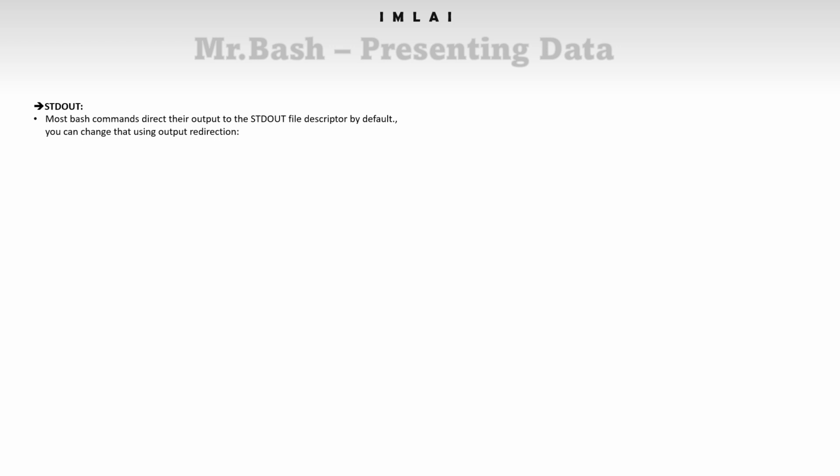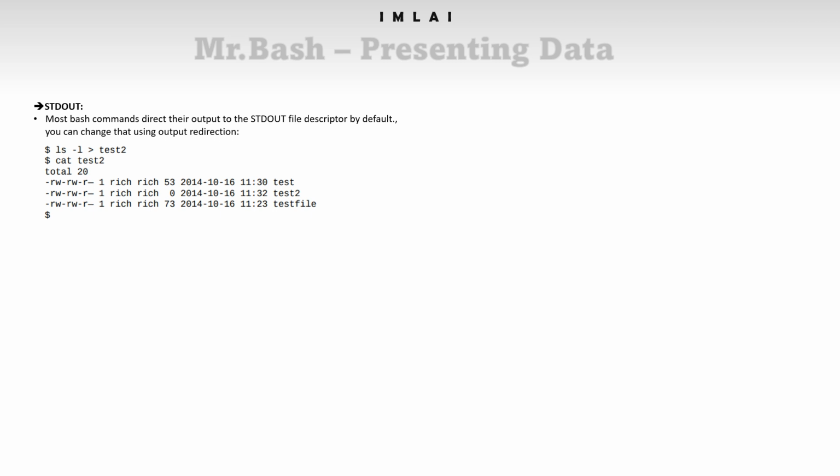With the output redirection symbol, that's the std out redirection symbol, the greater than symbol, all the output that normally would go to the monitor is instead redirected to the designated redirection file by the shell. So you can also append data to a file.